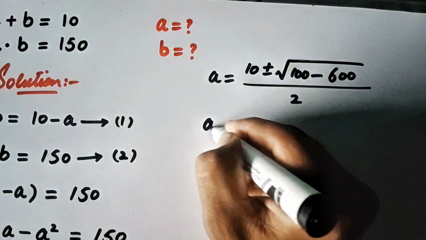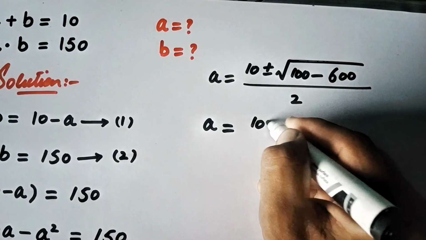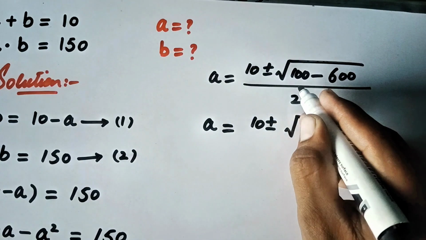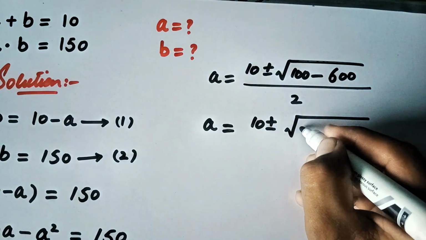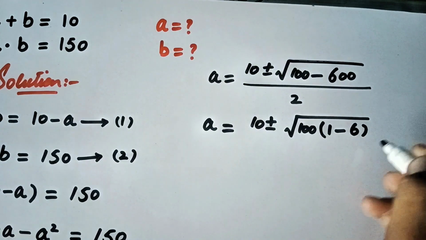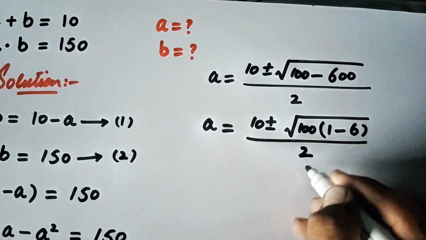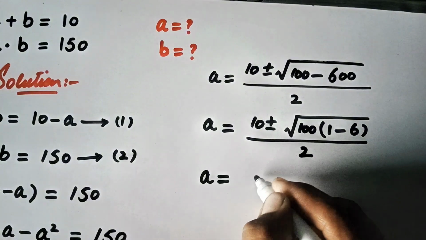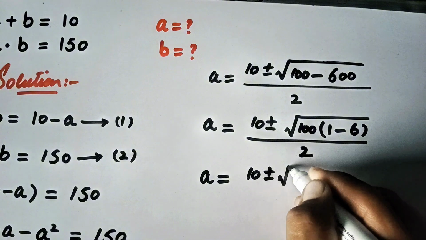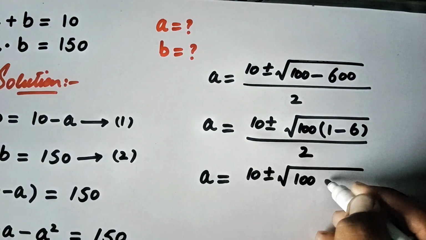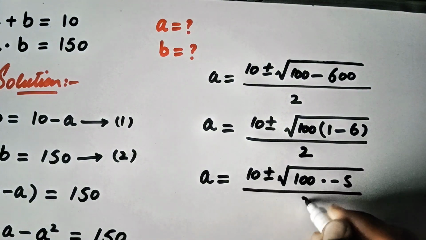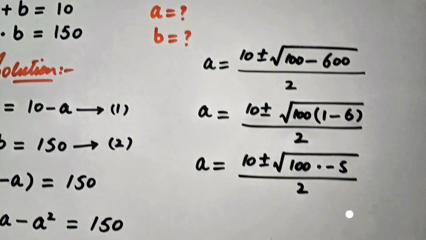Then in next step, a will be equal to 10 plus or minus root of, taking 100 common from both values, here will be 1 minus 6, divided by 2. Then here a will be equal to 10 plus or minus root of 100 times minus 5, over 2.